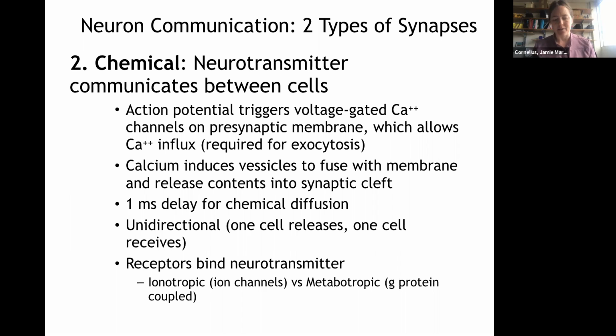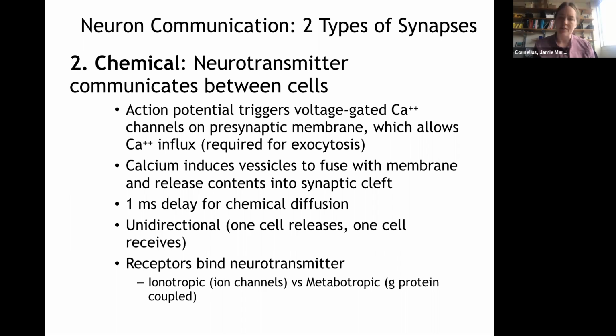But as the neurotransmitter is released, it takes about a millisecond to diffuse across the synapse. And that millisecond represents a delay that, believe it or not, can impact fitness and the ability to respond quickly to a negative stimulus.